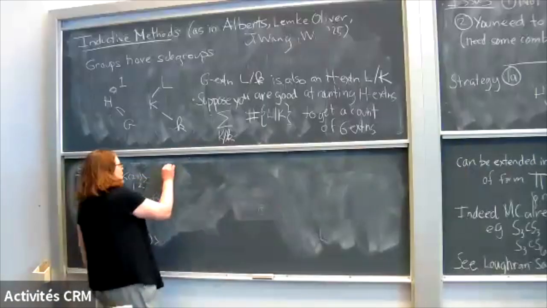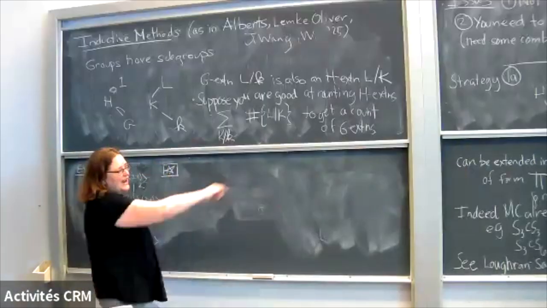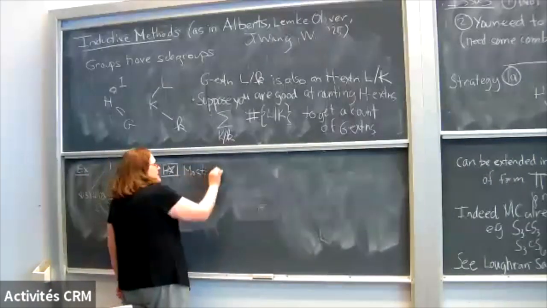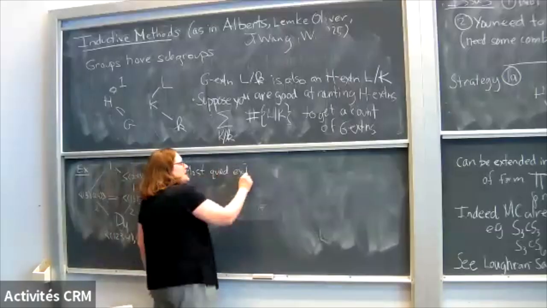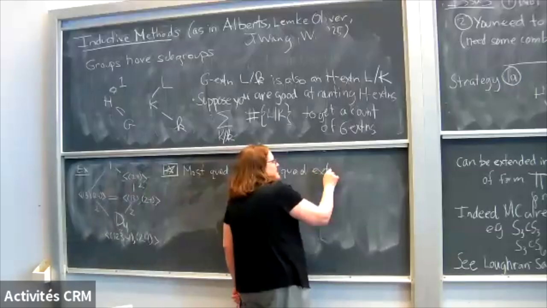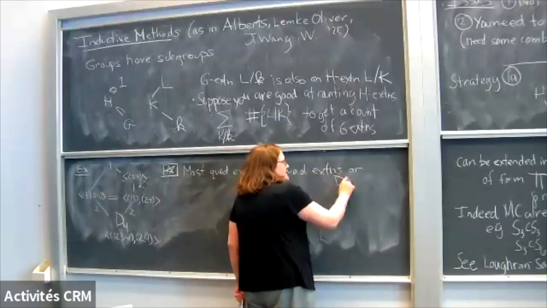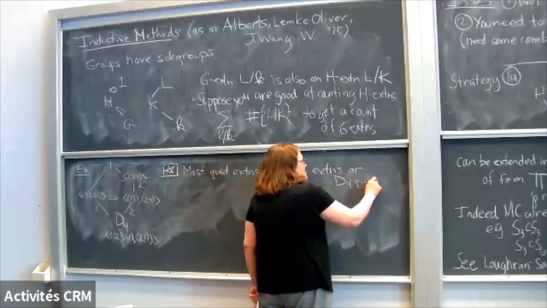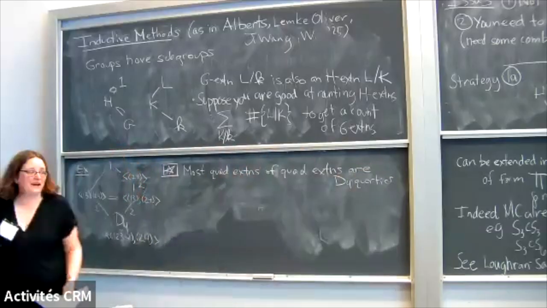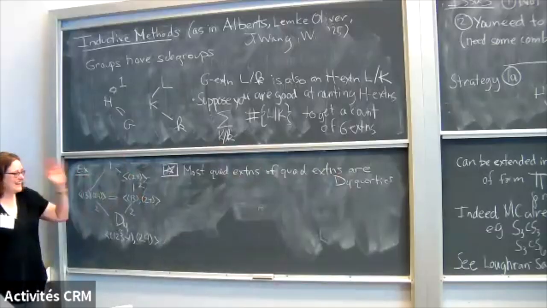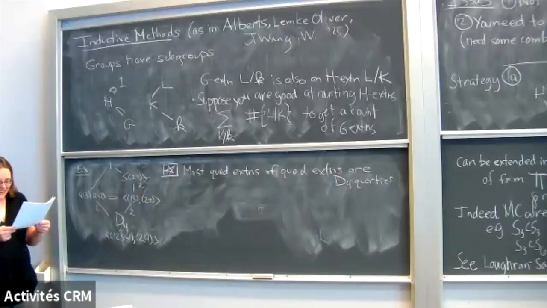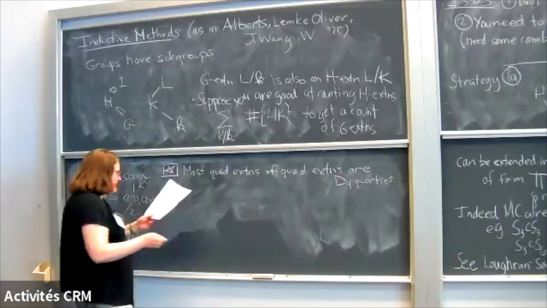This star strategy point here comes down, in this case, to the fact that most quadratic extensions are D4 quartics, which is a very classic and important observation in counting D4 things.